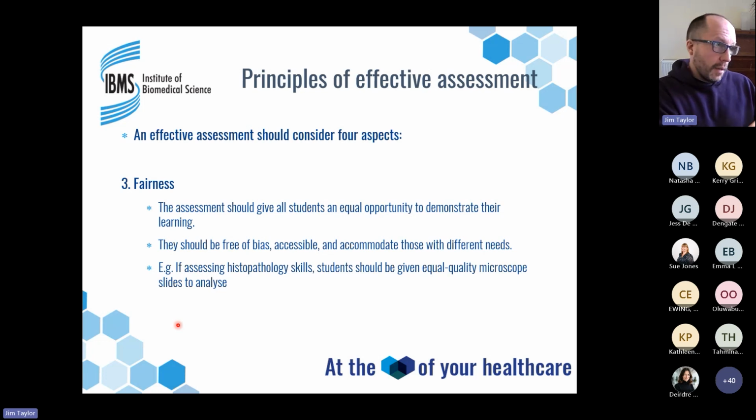The other thing, the example I've put here is that if you're asking a student to identify a particular characteristic of a tissue section, make sure that every candidate that you're asking to do it has got access to equal quality microscope slides, just so that you're not inadvertently limiting the ability of the student to demonstrate whatever it is that you're asking them to show you.